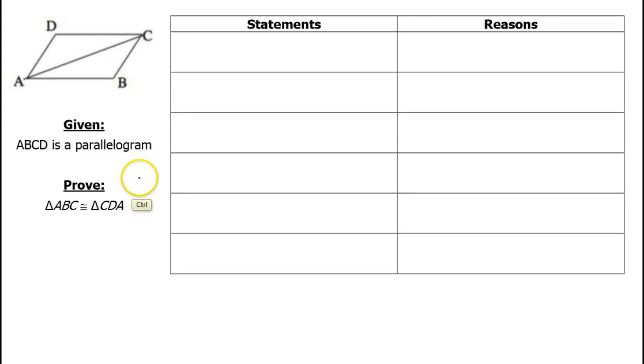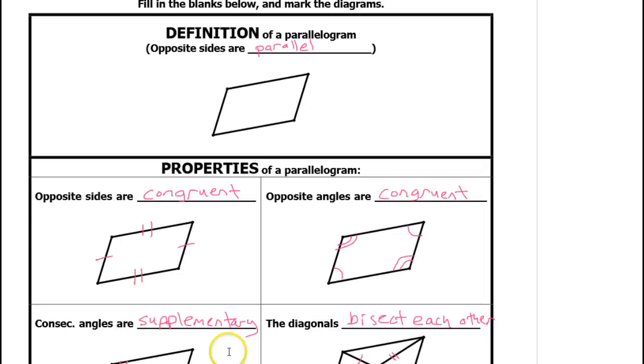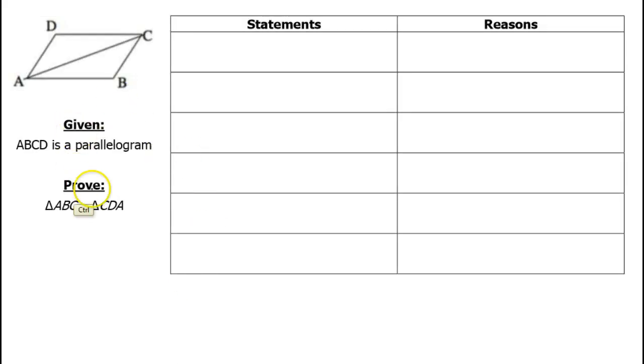Okay, moving on to the next proof. All we are given is that this is a parallelogram, which frees us to use the definition of a parallelogram and any of these four properties. There will probably be multiple ways to solve this.